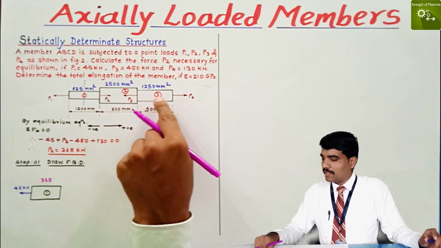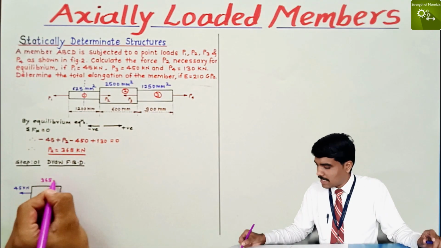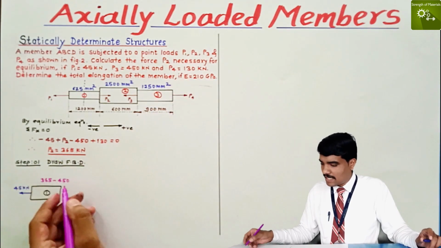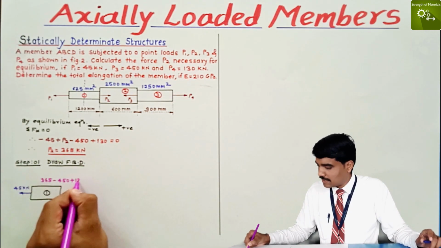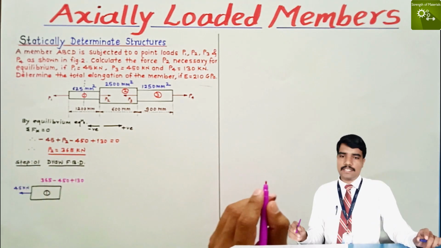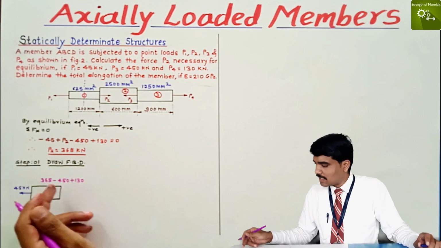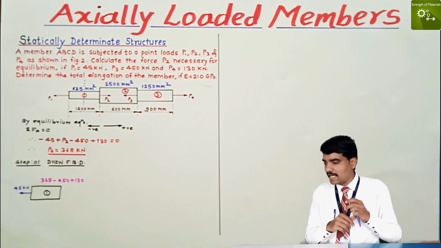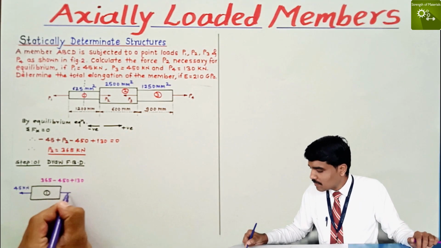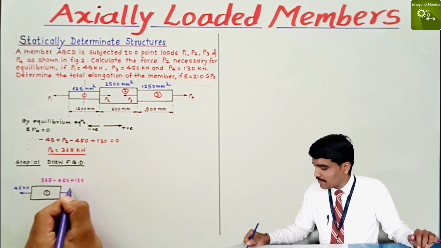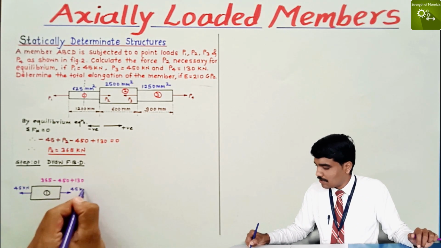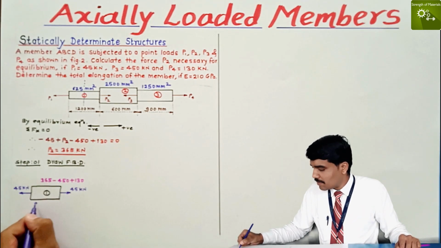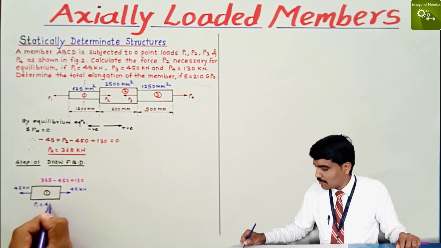P3 goes towards left, it is minus 450. And P4 goes towards right, it is plus 130. By doing all these calculations, we got plus 45 kN. Plus means it goes towards the right, and the force in the first member is 45 kN, and the force is pull type, tensile. That's why it is positive 45 kN.